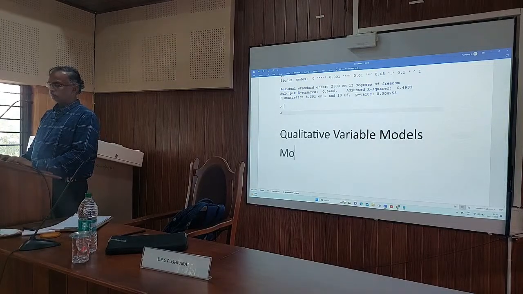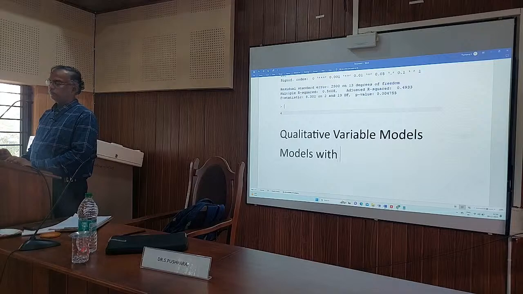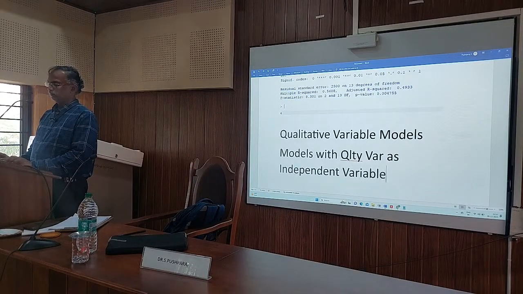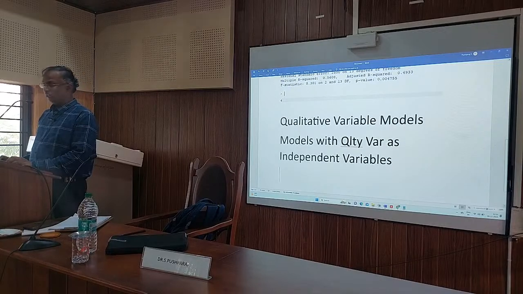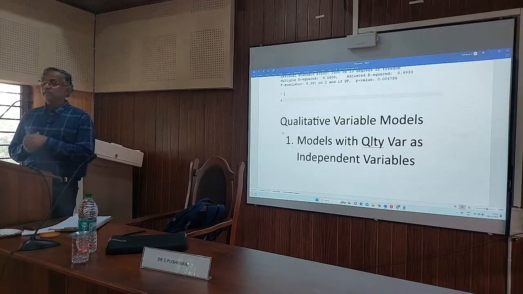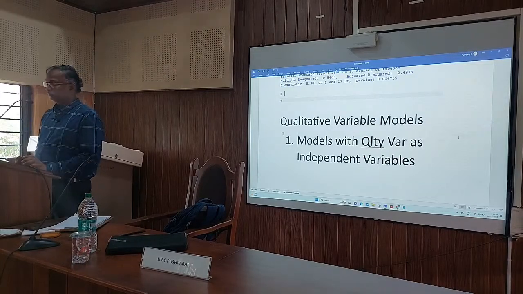Models with qualitative variables as independent variables. This is one type.